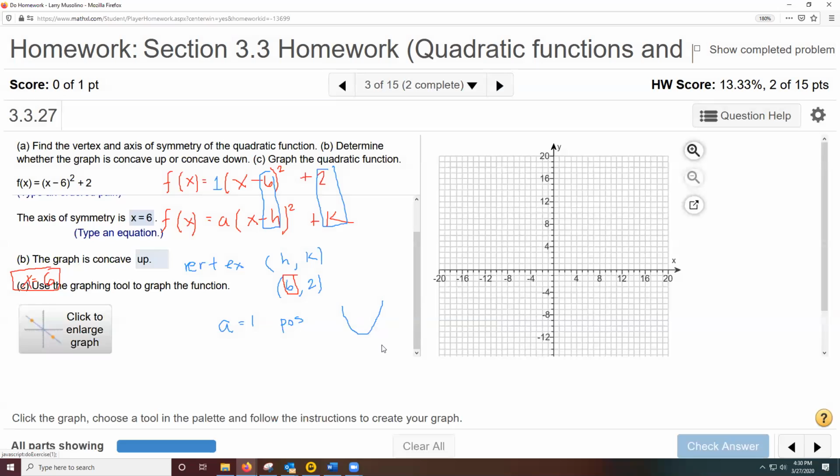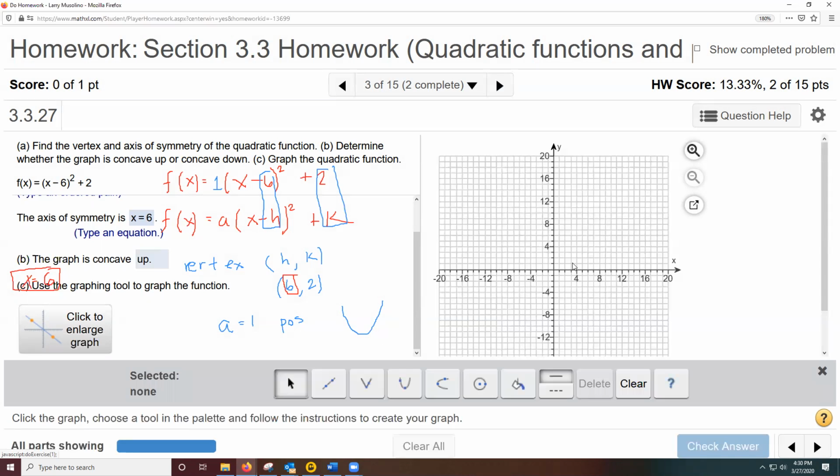All right, last part, let's graph this. So here's the way you do it. You click on the graph to get started. And notice down here on the bottom is this menu. You have to tell MyMathLab what type of graph you want. Do you want a straight line? Do you want a parabola? Well, we want this parabola. So I'm going to click on it.